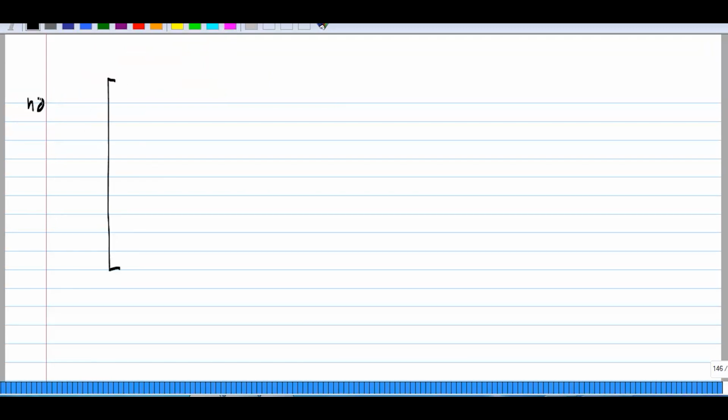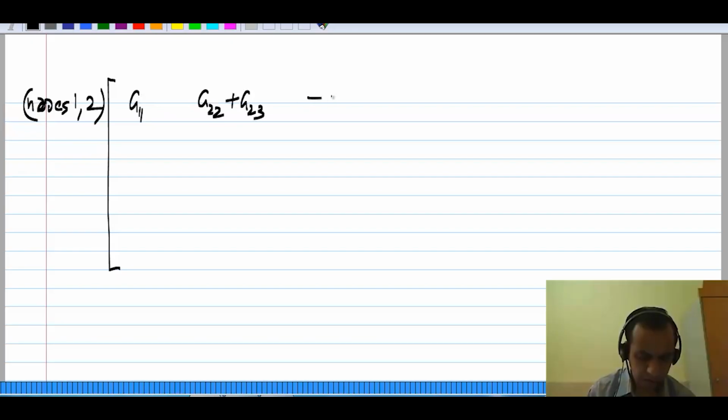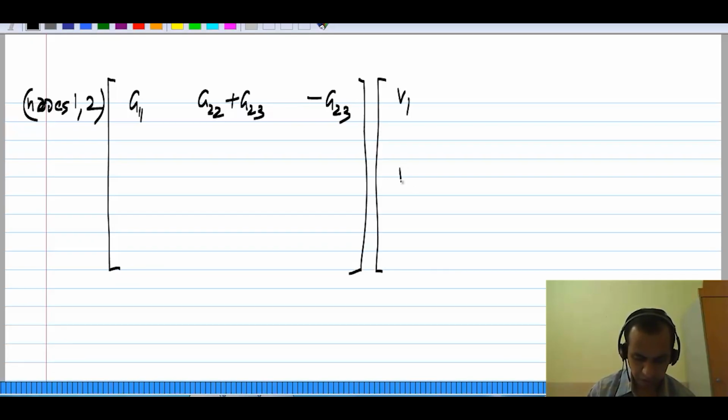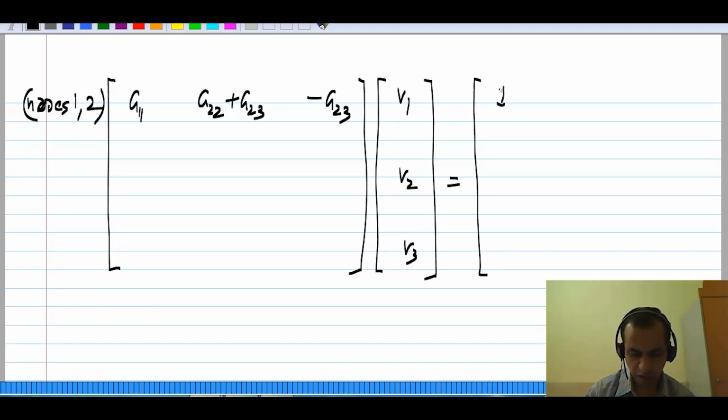So let's say the first row, I write it for the supernode, which will consist of G11, G22 plus G23, minus G23, multiplying V1, V2, V3, and this will be equal to I1.